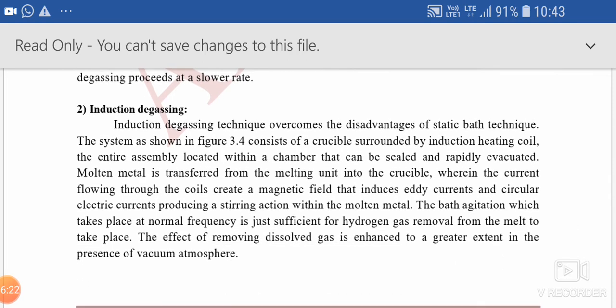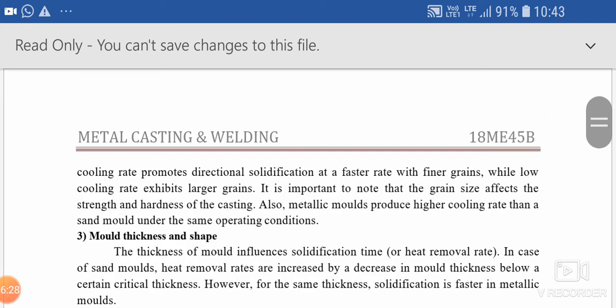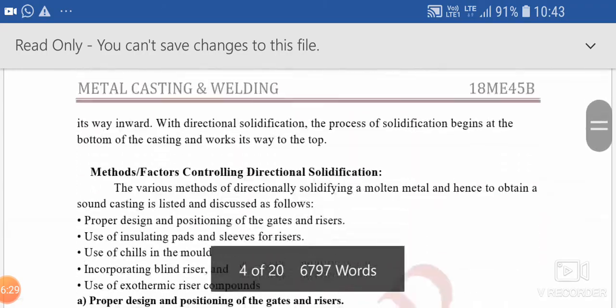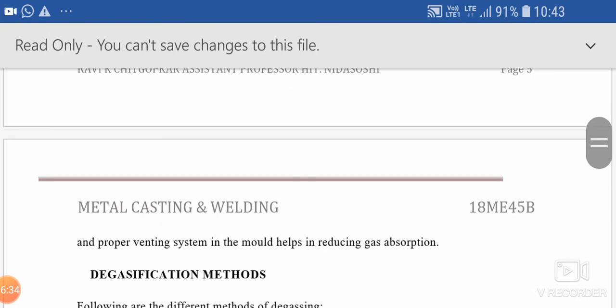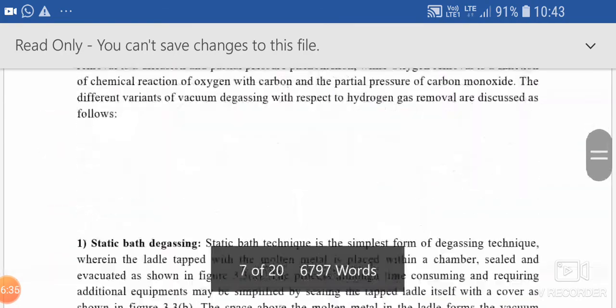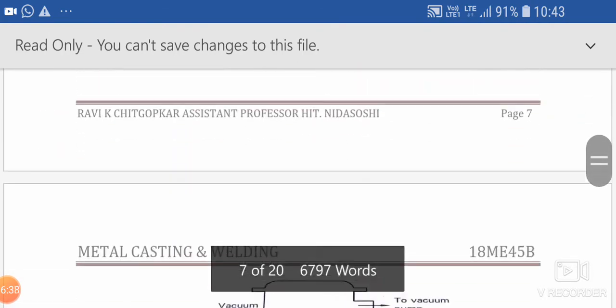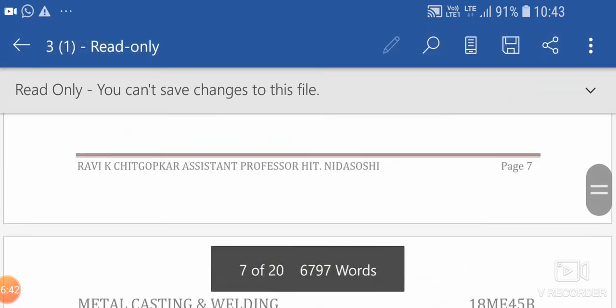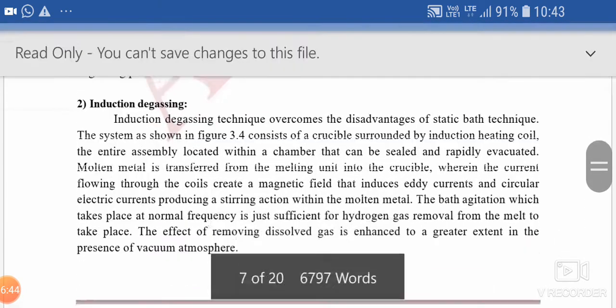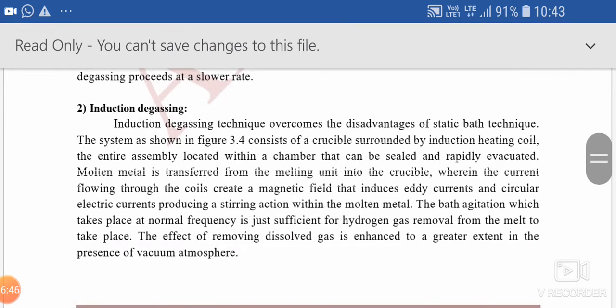Second one, induction degassing. The induction degassing technique overcomes the disadvantage of the static bath technique.